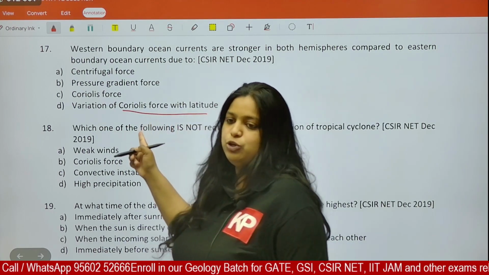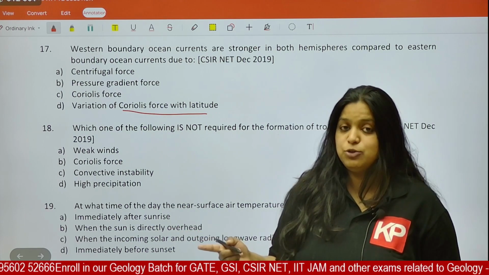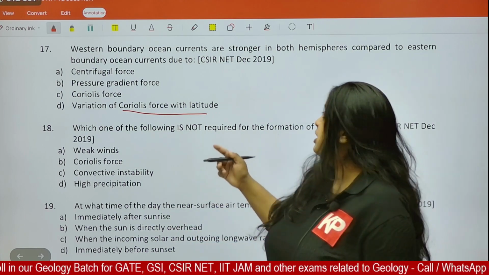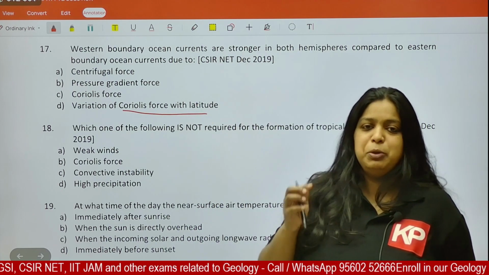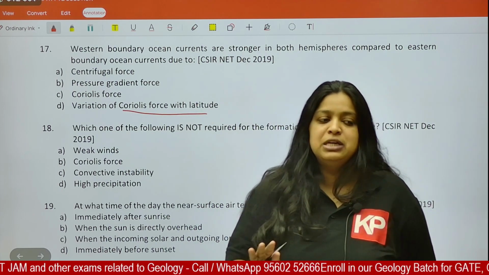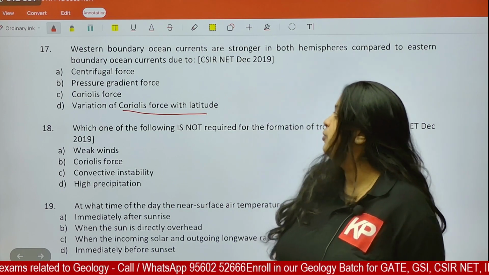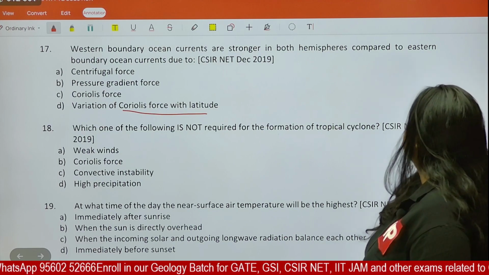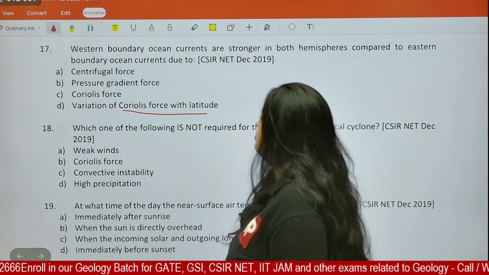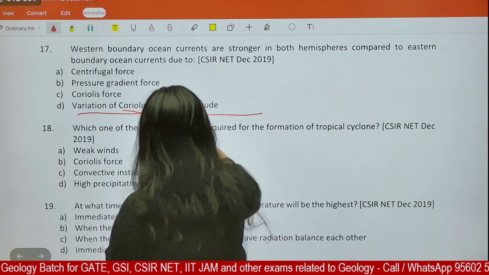Again, I have told you, Coriolis force is a very important topic for the NET examination. Every year there will be a minimum of 2-3 questions from this single topic. Again, this is a 2019 question. Western boundary ocean currents are stronger in both hemispheres compared to eastern boundary ocean currents due to the variation of Coriolis force with latitude.